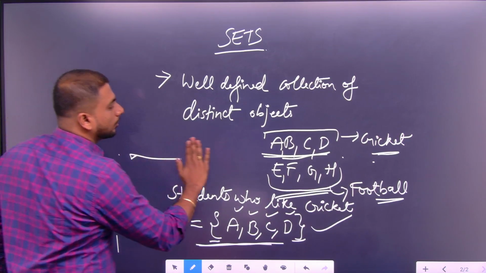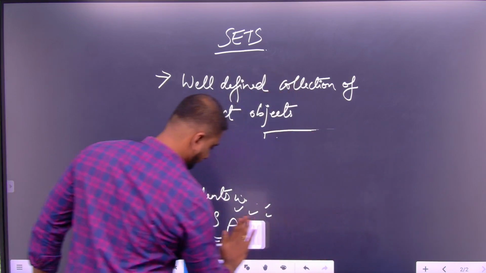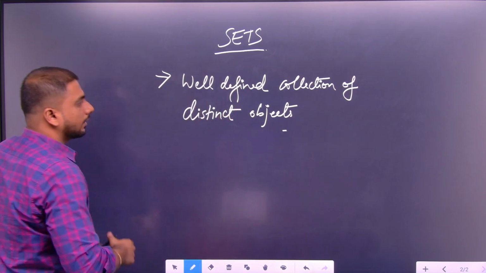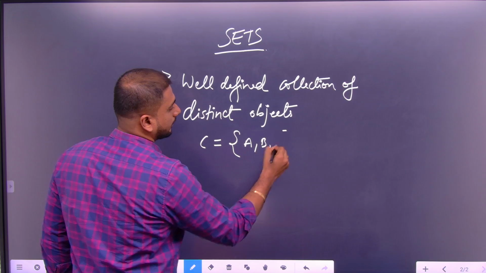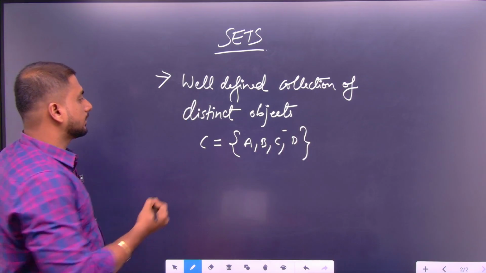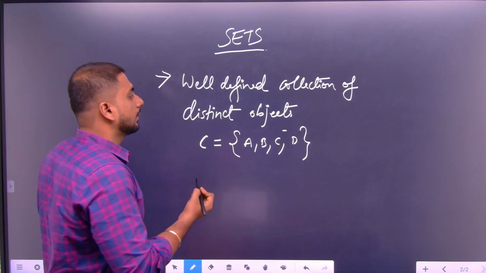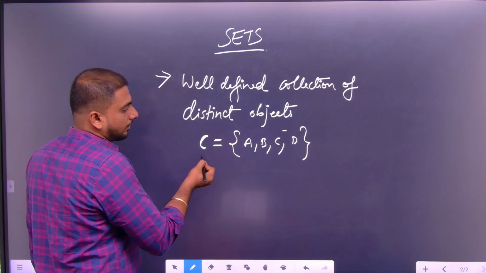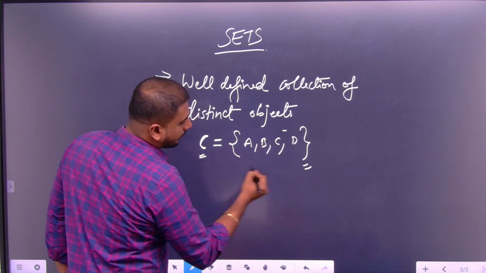Okay, let's move on to some other examples. Earlier, you have seen I wrote C as A, B, C, and D. Now, this collection of cricket lovers or cricket fans is represented with an equal to sign followed by a capital variable as earlier mentioned, and these flower braces or curly braces.